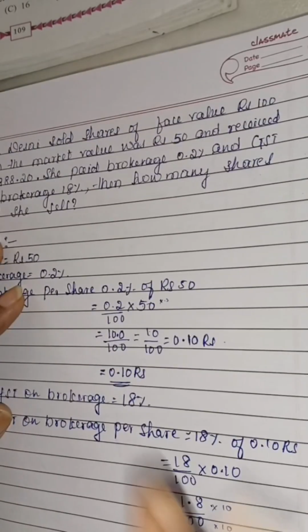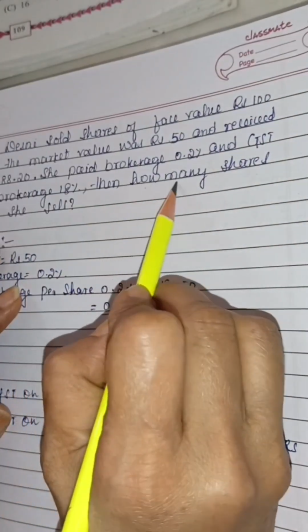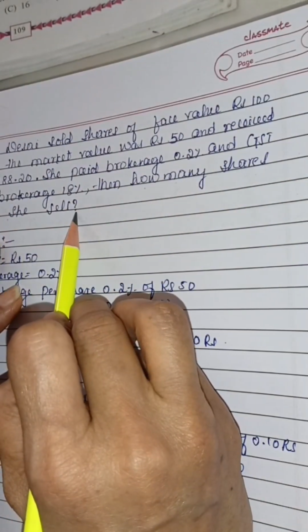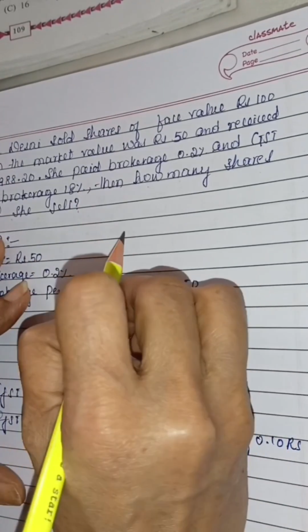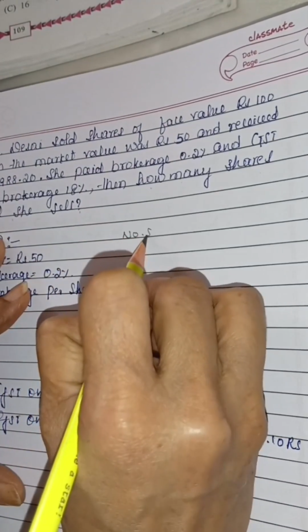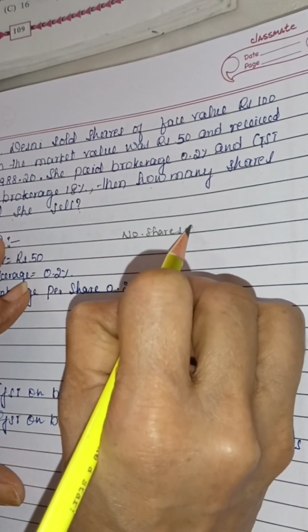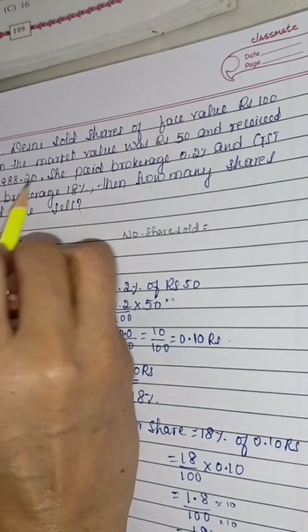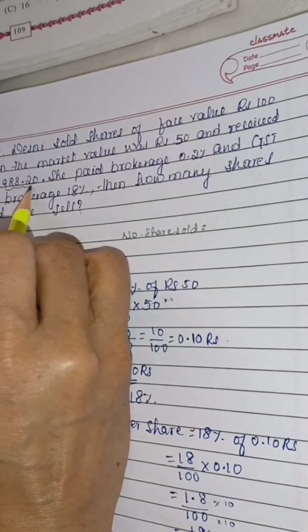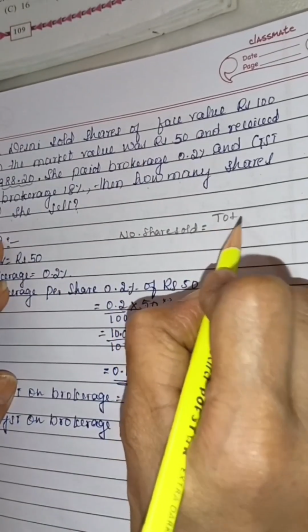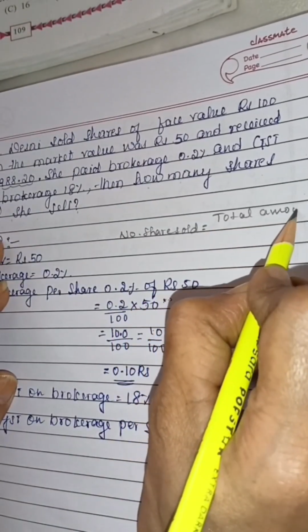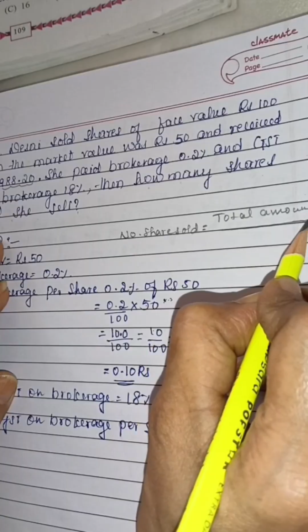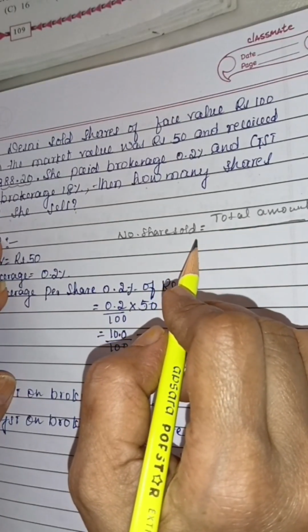See, here is the question. What is the question here? How many shares did she sell? To find the number of shares sold, we take the total amount received divided by the selling price of 1 share.